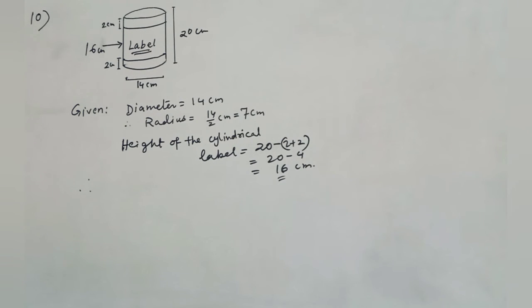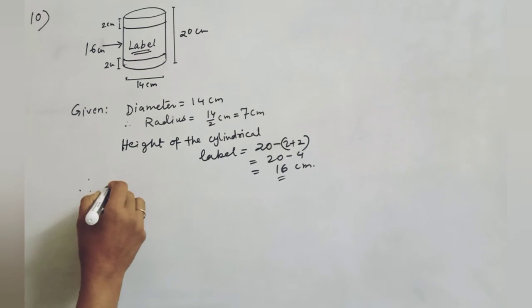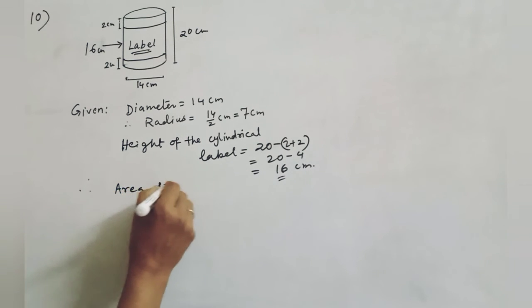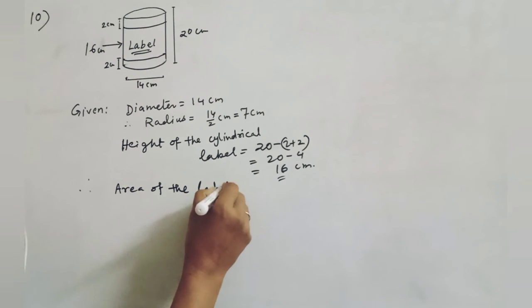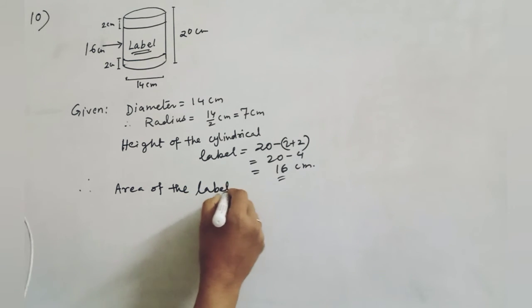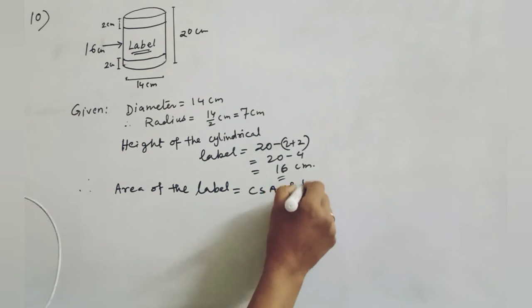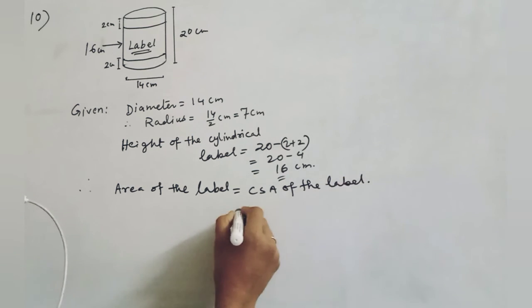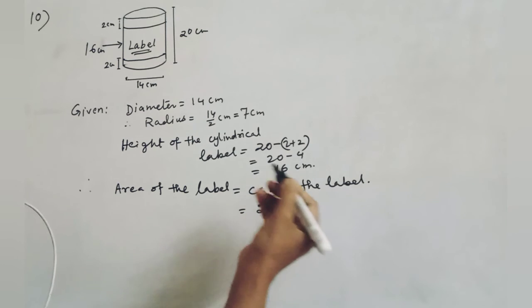What is the area of the label? Now area of the label will be the CSA of the label. CSA of the label is 2 pi RH, it looks like a cylinder.